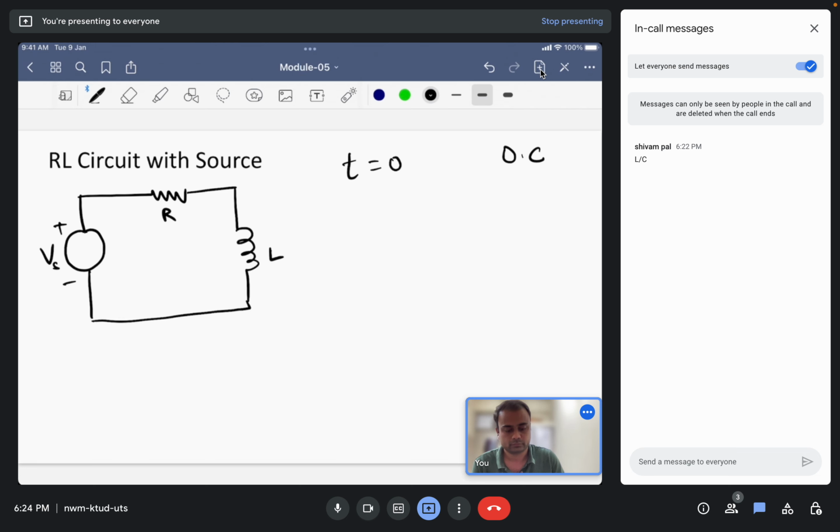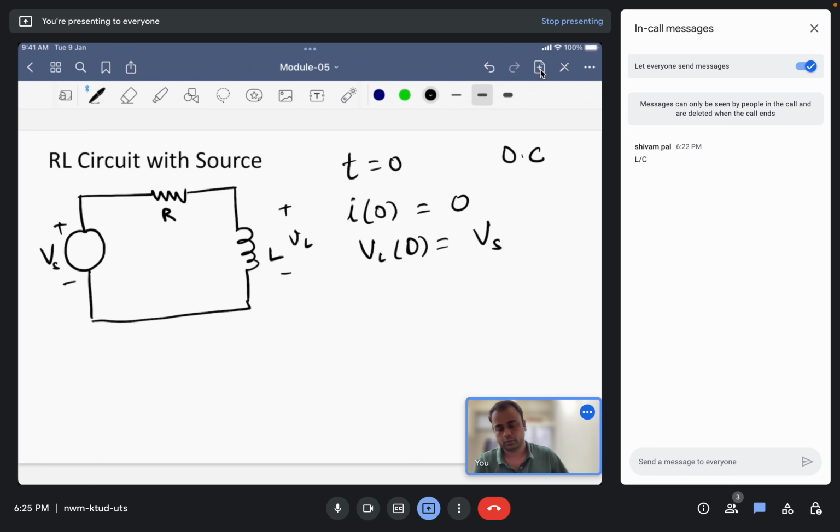So since the inductor will be an open circuit, what will be the voltage drop across the inductor? Since the circuit is open, the current at time equals 0 will be 0. Okay, and what will be the voltage? Since this is an open circuit, there is no current, so no voltage drop across the resistor R. Therefore, the voltage at time equals 0 will be the same as the voltage of the source.